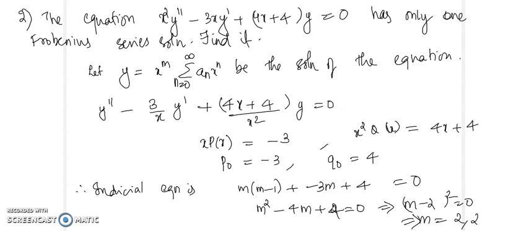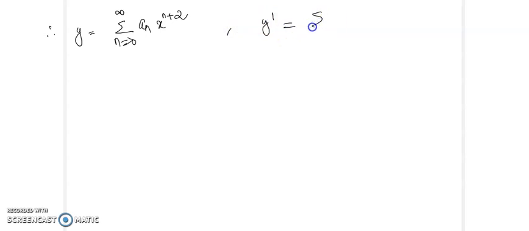Therefore y will be equal to summation n equal to 0 to infinity an x raised to n plus 2. Now let us find y dash. So y dash will be summation n equal to 0 to infinity n plus 2 an x raised to n plus 1.